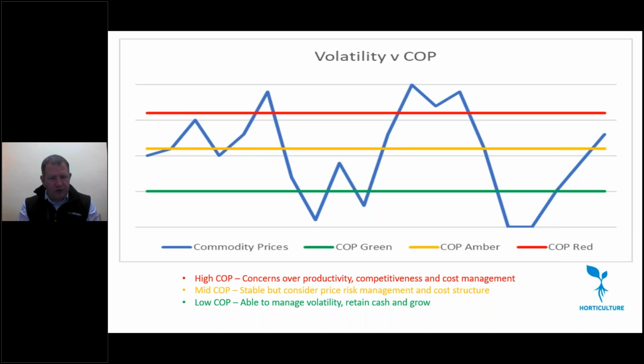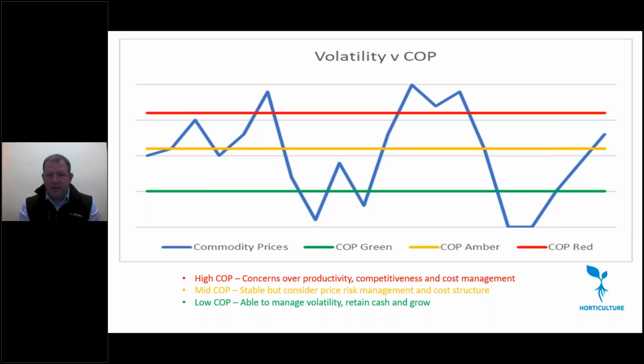If you're a green producer, that's brilliant. Low cost of production. You're able to manage volatility, and these businesses tend to retain cash, and they are the ones that also tend to grow. And if you look at it in this scenario, the green producer with the low cost of production is the last one to lose money in a downturn.